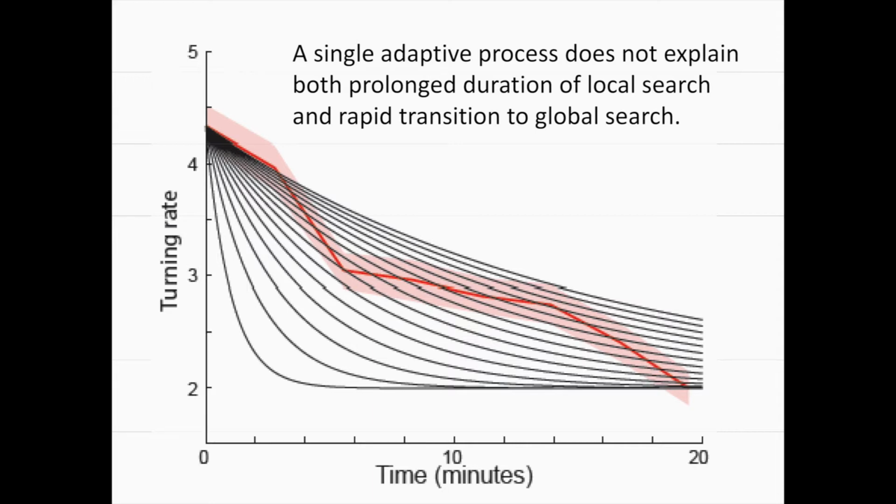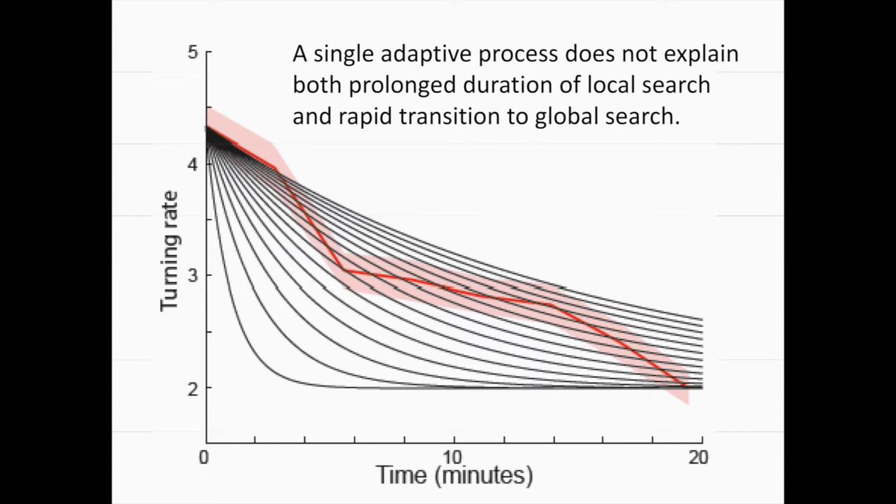On the other hand, if you want to examine the final turning rate in the baseline, we are not going to capture how fast the transition from the local to global search is. So that's one piece of evidence that the search strategy they implement is more complicated than chemotaxis.